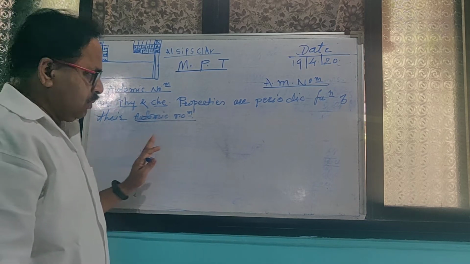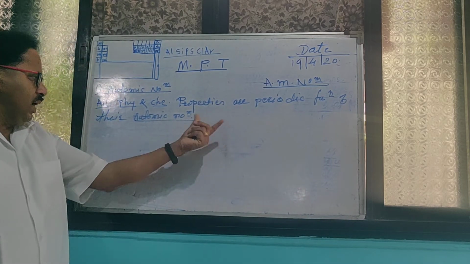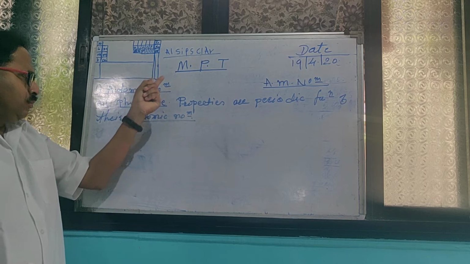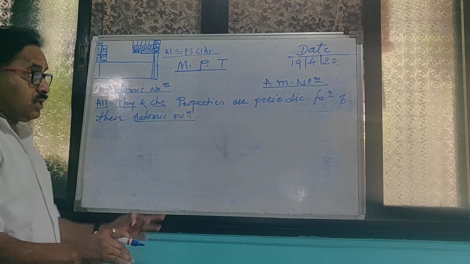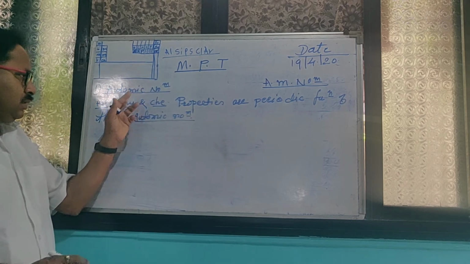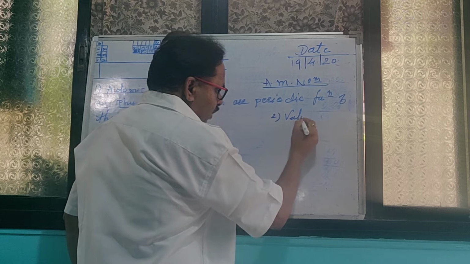Before we go towards the modern periodic table, we already discussed atomic number. Second, valence electron.